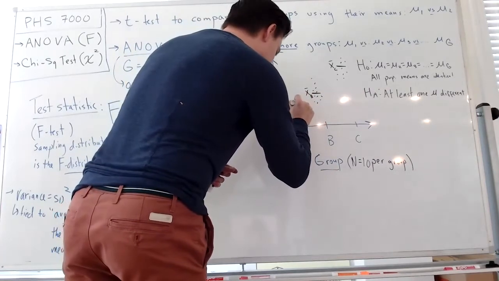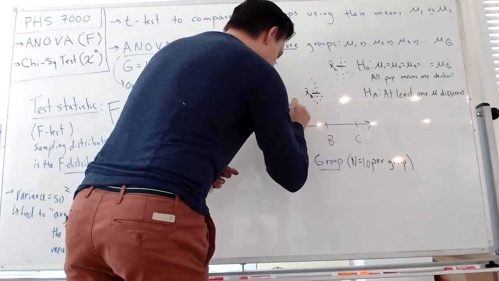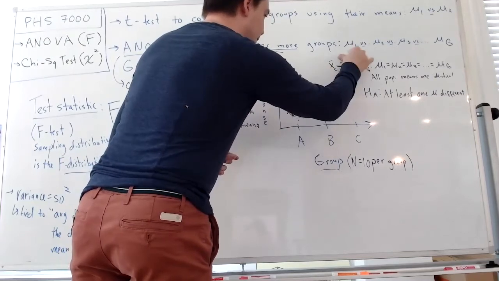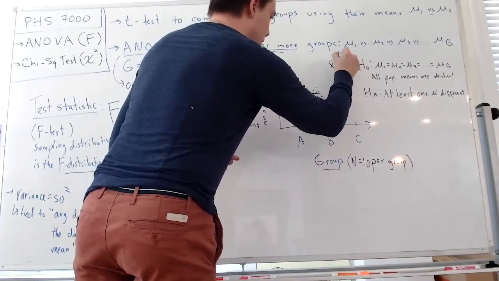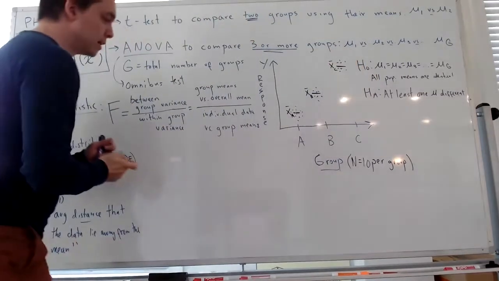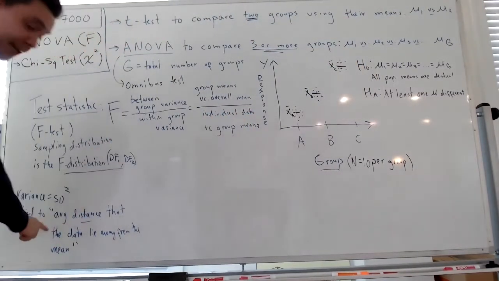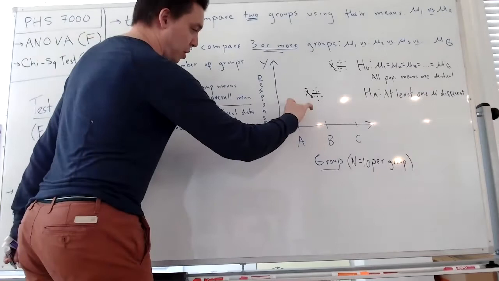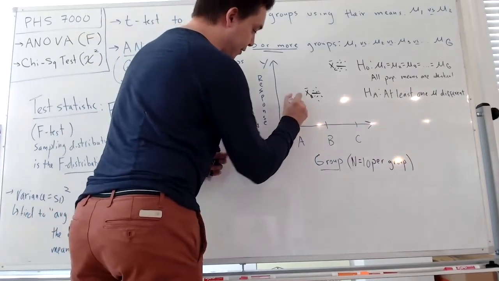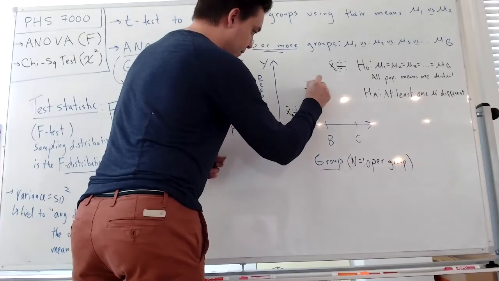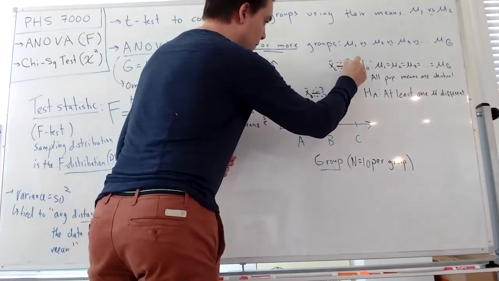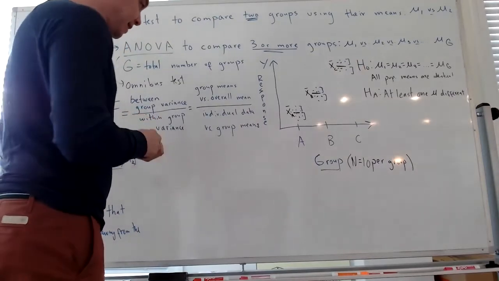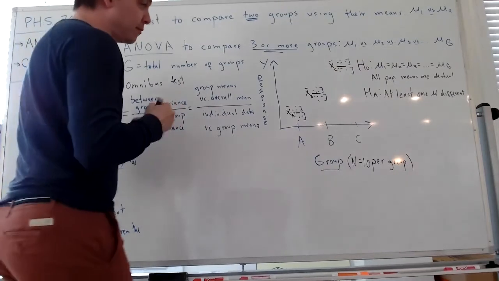So in this scenario, remember, we're thinking about the distance, the variance. The distance of the data to the group means is small, and the distance of the group means to the overall mean is large.